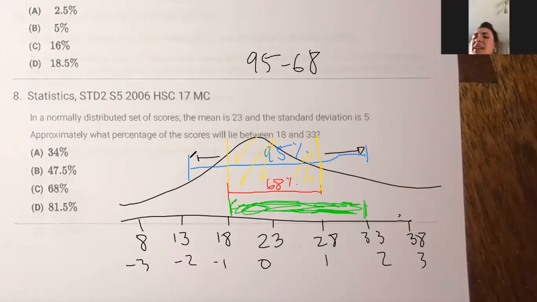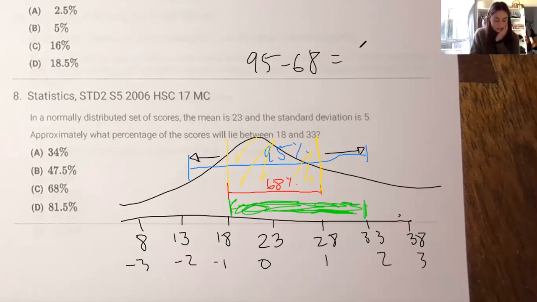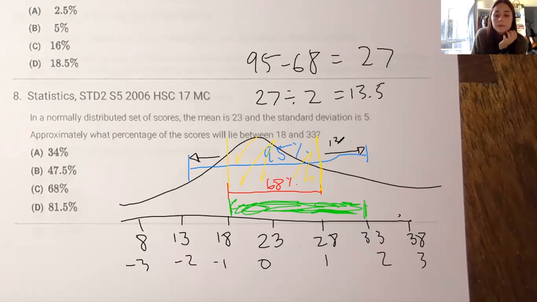And so that gives us 27 is split on either side. And so we know that half of 27 will be split on either side. So 27 divided by 2 equals 13.5. And so we know 13.5 is here and 13.5 is here.